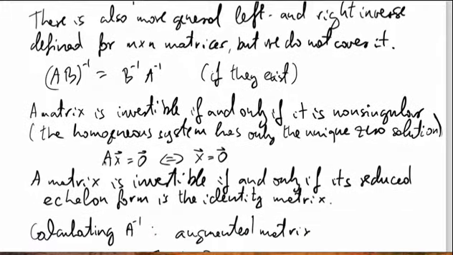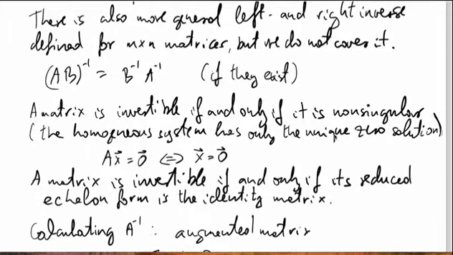We have a general theorem about when a matrix is invertible. This is the case if and only if it is non-singular, which means that the homogeneous system has only the unique zero solution. So writing it down in a more compact way, AX equals 0 if and only if X is 0.